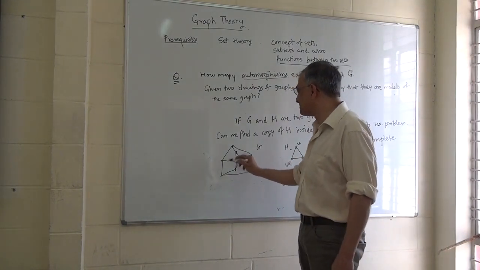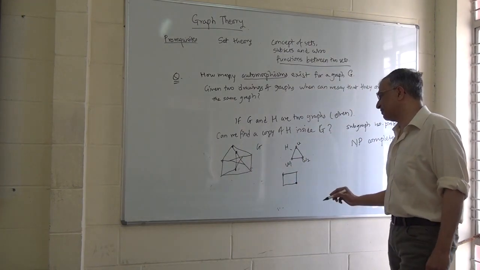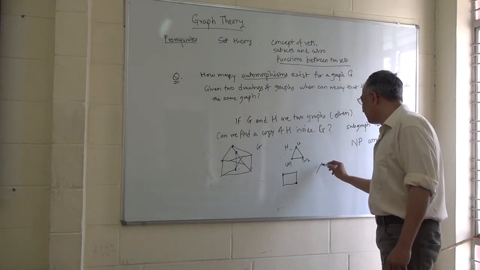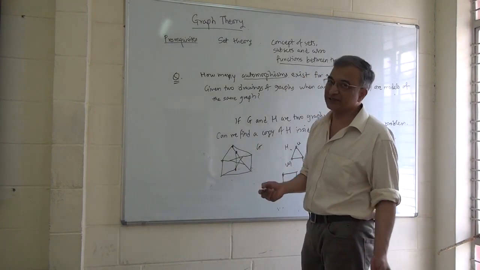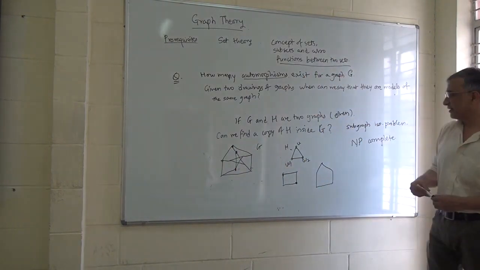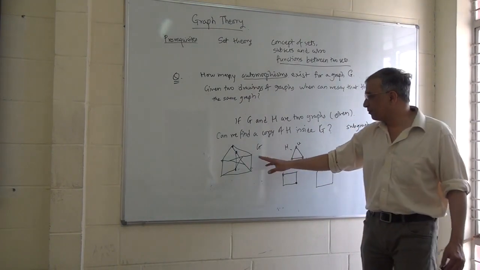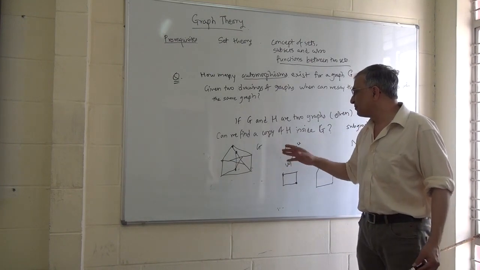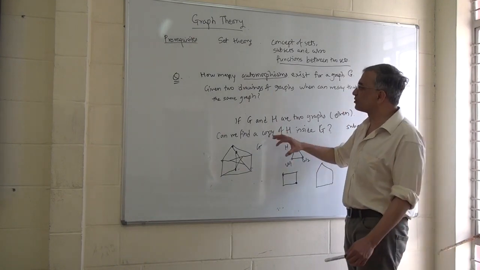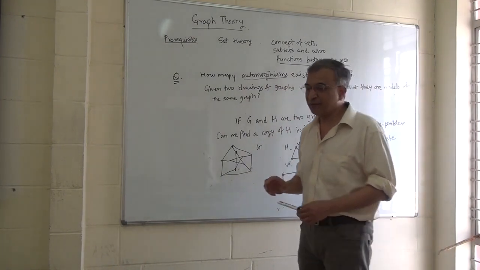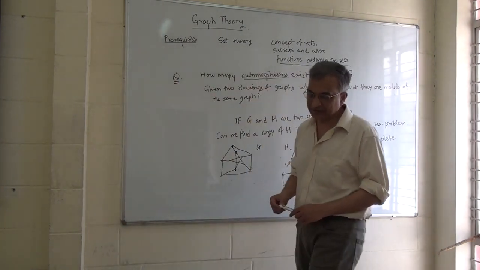So even a quadrangle, even a square, you cannot find inside this. However, if you look at a pentagon, you can easily find one, staring right at you. So what the subgraph isomorphism problem tells you is that, given a pair G, H, when can we say that G has a copy of H inside it? This is another variation of the isomorphism problem. These are the questions that people think about in graph theory.